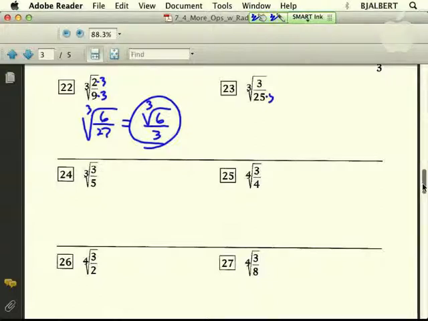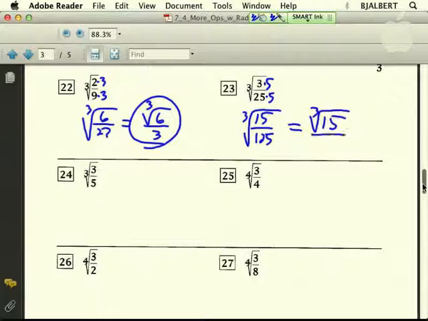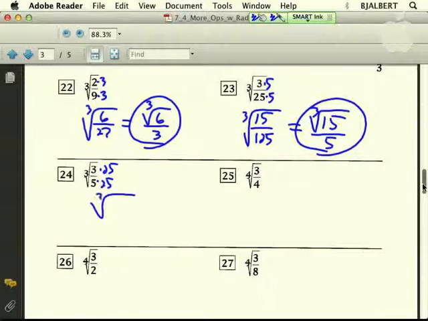For 23, you'd multiply top and bottom by 5, so you'd have the cube root of 15 over 125, which is the cube root of 15 over 5. In 24, you'd multiply top and bottom by 25, so you'd have the cube root of 75 over 125, which would be the cube root of 75 over 5.